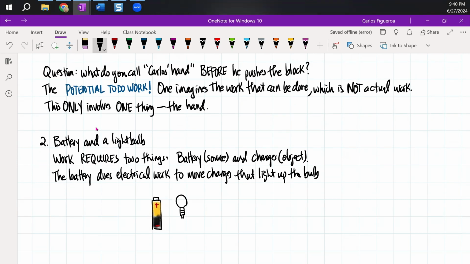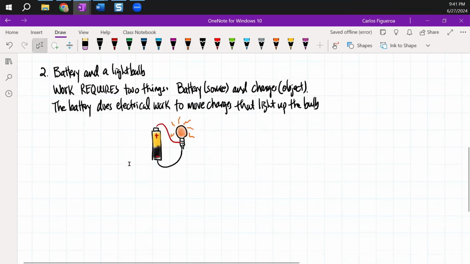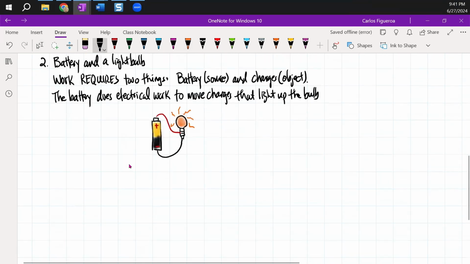And so the way I connect it here is that I typically connect, let's say, a red wire to the side of the case, and then the black wire comes from the negative and it comes right to the bottom. So if you connect this, you're now pushing charges along the wire, and then the bulb lights up.